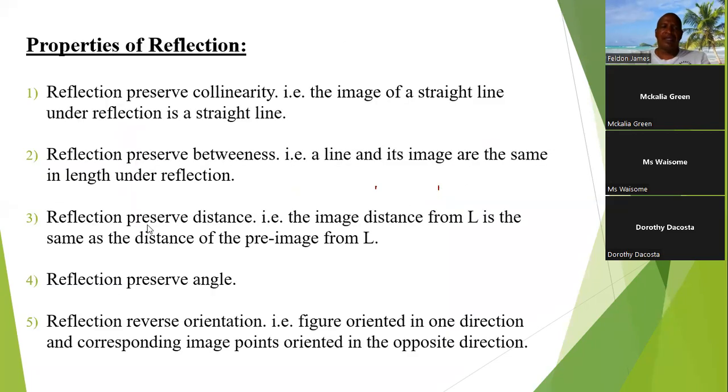All right, so reflection preserves distance. The distance from L is the same distance as that of the pre-image, right? So in the same context, the length of the line from the pre-image to L is the same as the length of the line from L to the image. Now here we have reflection preserves angle.